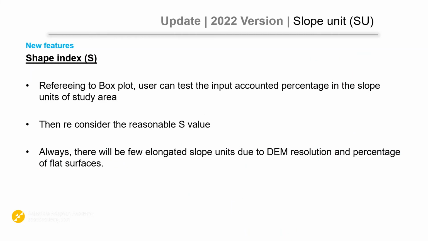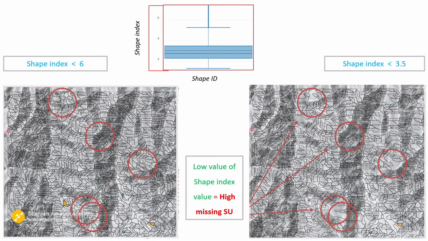And here you will also ask, how can I determine the shape index value? Maybe my slope units are highly deformed when they are 6 and more, and when I assume 6 and less, I won't get anything, and this makes sense. That's why we are producing the box plot as well. This box plot will help you understand your data.